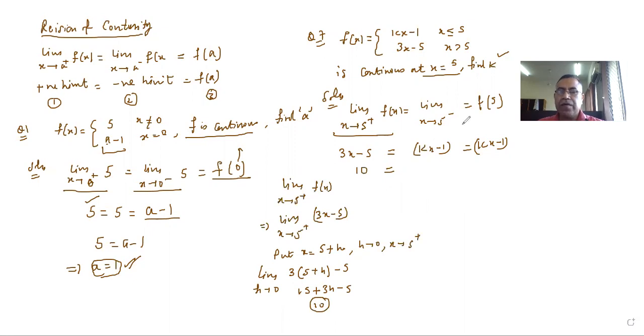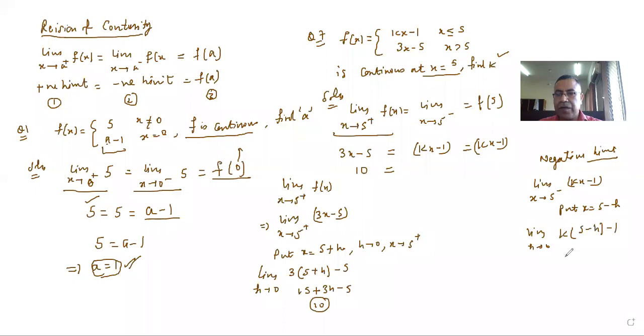Now we will try to get the negative limit. Limit x tends to 5 negative. Put x equal to 5 minus h. Limit h tends to 0, k times 5 minus h minus 1, so 5k minus kh minus 1.